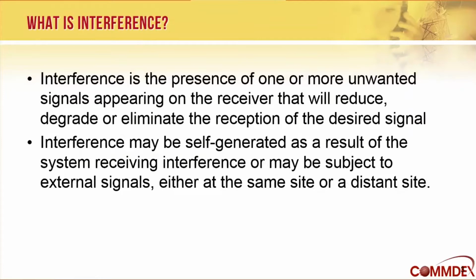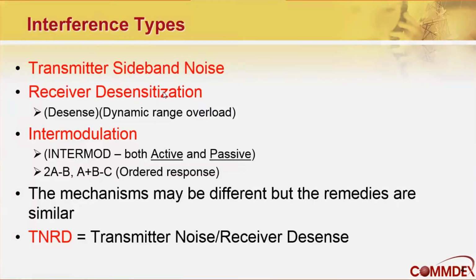Interference can be self-generated as a result of the system receiving interference or as a result of external signals, either at the same site or a distant site. So part of our job as an interference hunter is to try to find the source and eliminate it or reduce it.